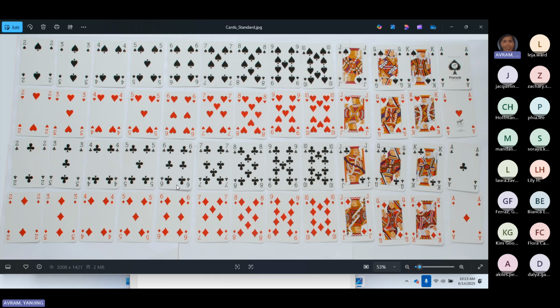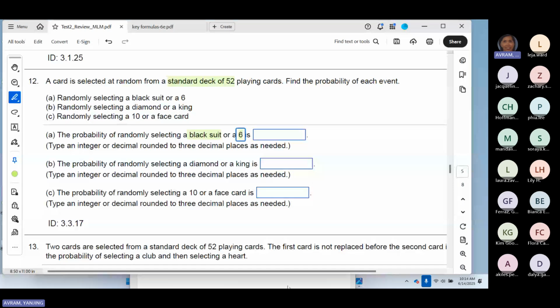Does that make sense? So instead of 13 plus 13 plus 4, I don't count these two again. I have 13 plus 13, 26, and then just add these two red ones. That would be 28.